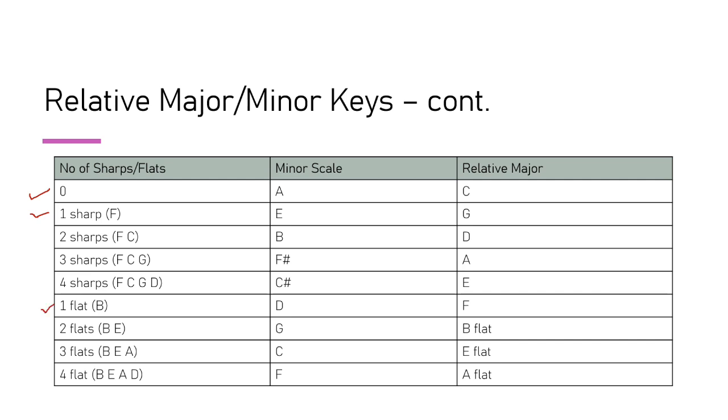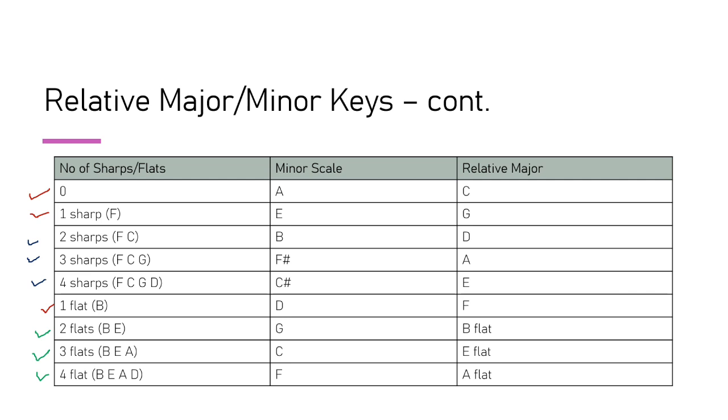So what we'll be considering in grade 3 will be minor scales that have two sharps. That's B minor, three sharps, F sharp minor, and four sharps, C sharp minor, as well as minor scales that have two flats, that's G minor, C minor, and then the ones that have four flats, F minor.